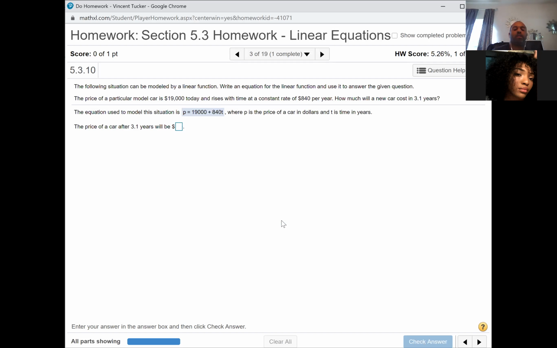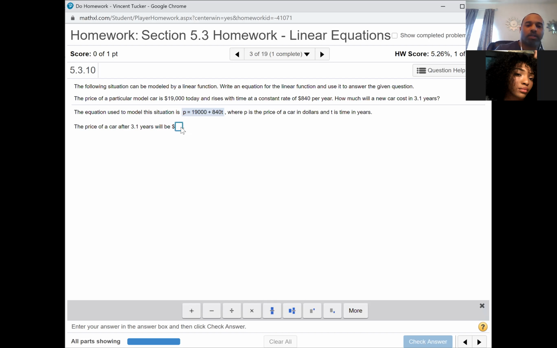All right. So from there, you will plug in 3.1 in for T. It says the price of the car after 3.1 years. So that's 840 times 3.1 plus 19,000. So it should be 21,604.